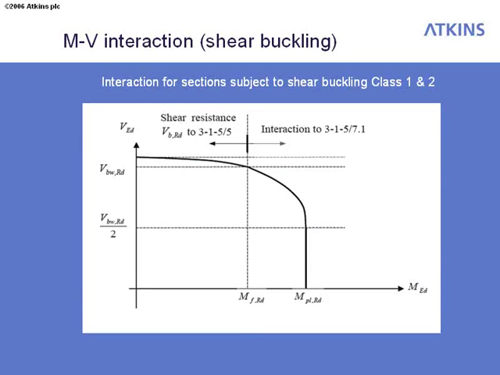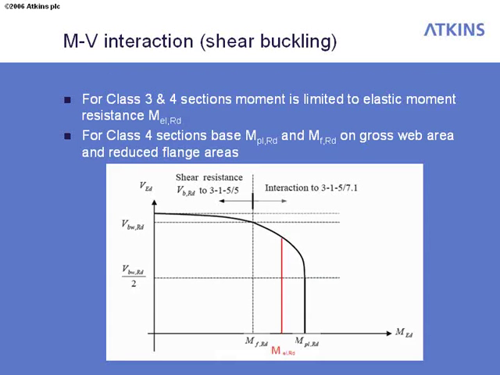And that's just a diagram there for the class 1 and 2 sections. The class 3 section is derived in exactly the same way. It's only that instead of extending the curve out to the plastic moment resistance, you just curtail it at the elastic moment resistance of the section. And the same thing is done if you're using a class 4 section as well.